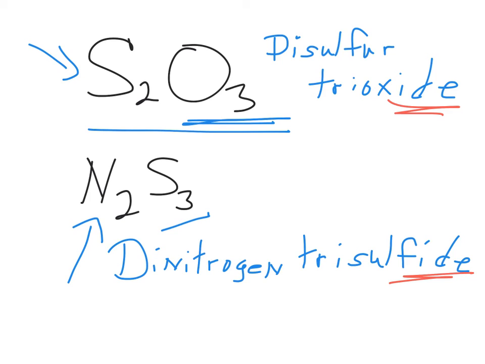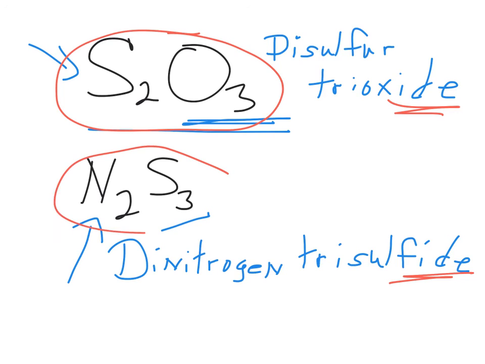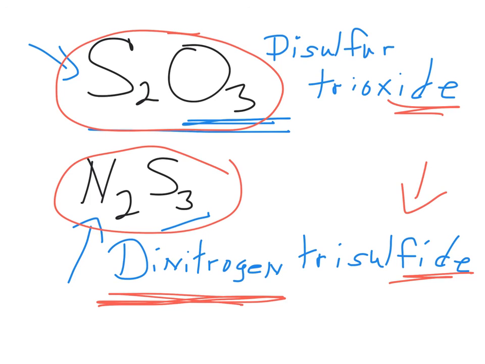So do we see why on this compound, it's sulfur because it's the first element? And on this compound, it's sulfide because it's the last element. Remember that the binary compounds always have that IDE ending. Whenever you have an element at the end, it always has the IDE ending. So oxygen will be oxide, nitrogen will be nitride. Here, do I have nitride? No, because it's the first element. It's only nitride if it's the second element. Think of it as a last name.